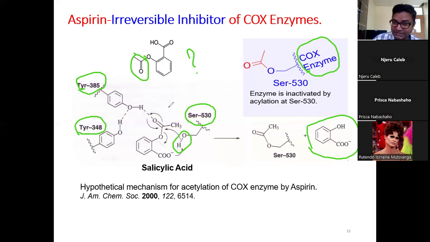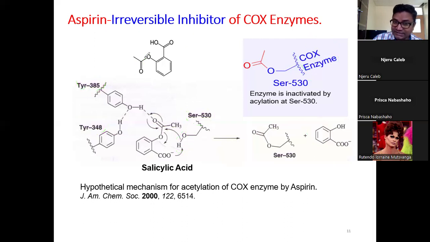Now, what happens is that this acetyl salicylic acid will donate the acetyl group. You see, this is our drug. You can see it here also, we have given the structure of salicylic acid. Now, during the process of activation, the acetyl group is donated to the serine 530 amino acid.